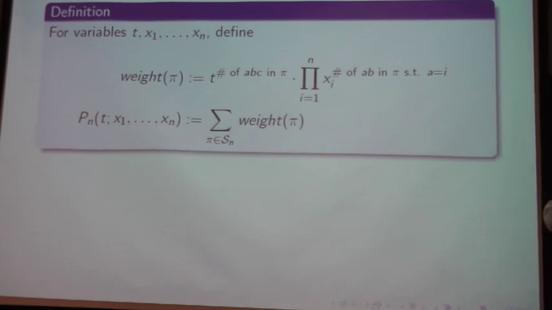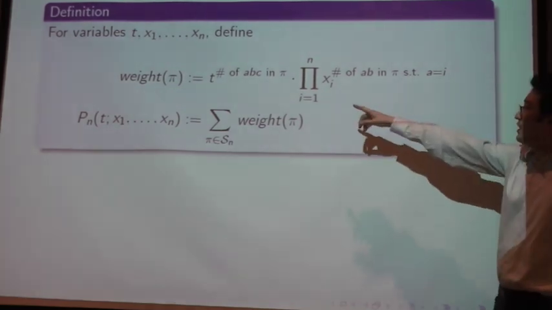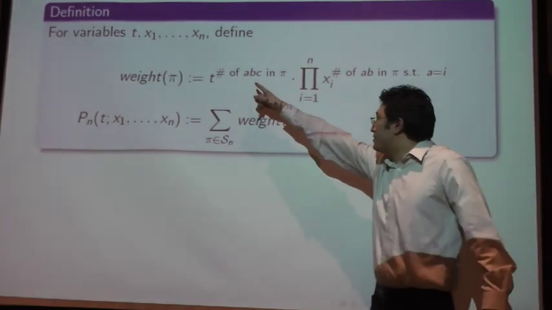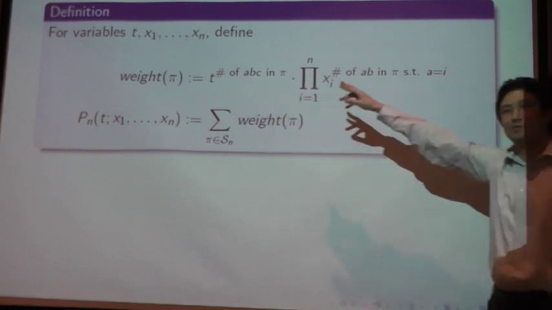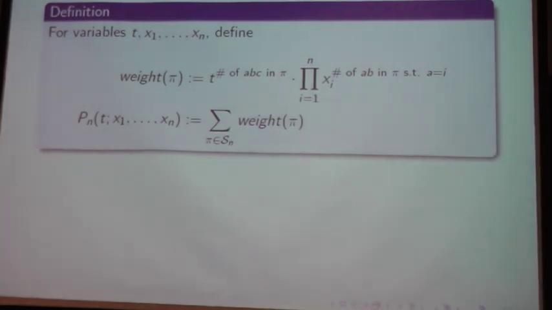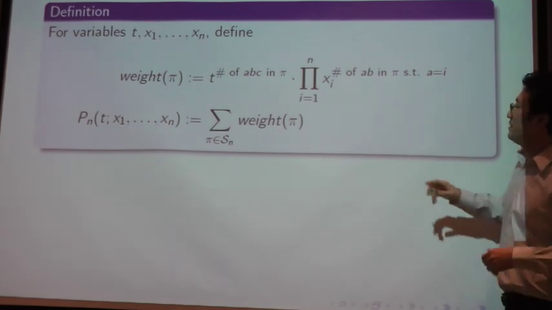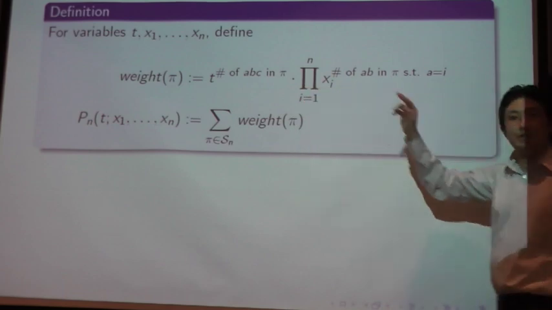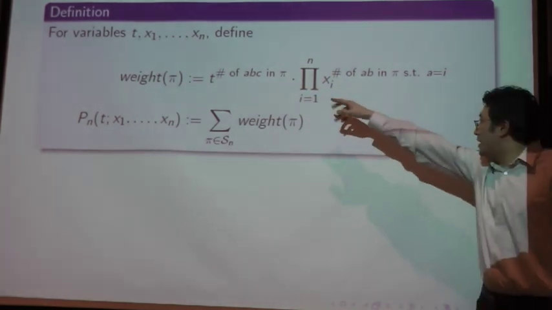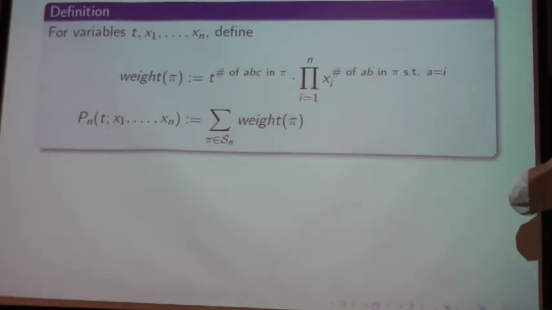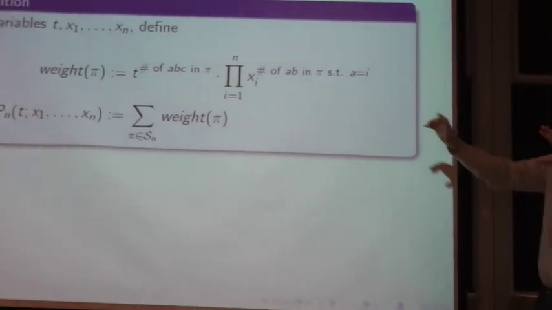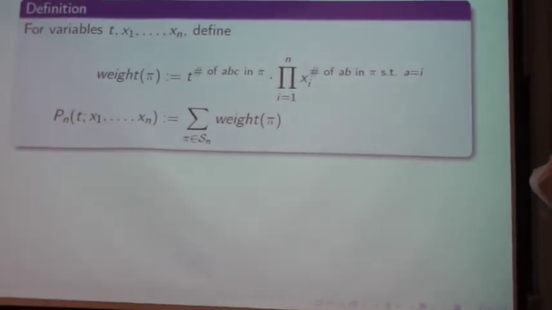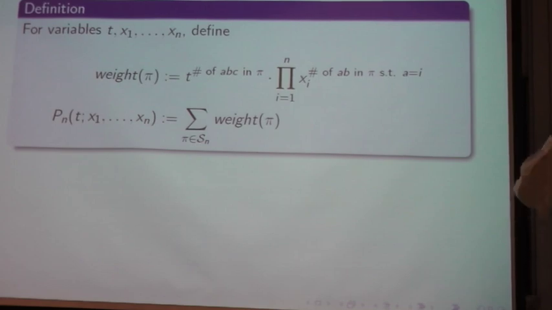The weight of pi will be t to the number of occurrences of the pattern 1, 2, 3, which I'll sometimes refer to as ABC for notational convenience, times these x_i catalytic variables. These x_i variables keep track of occurrences of the pattern 1, 2 where the first term is exactly equal to i.